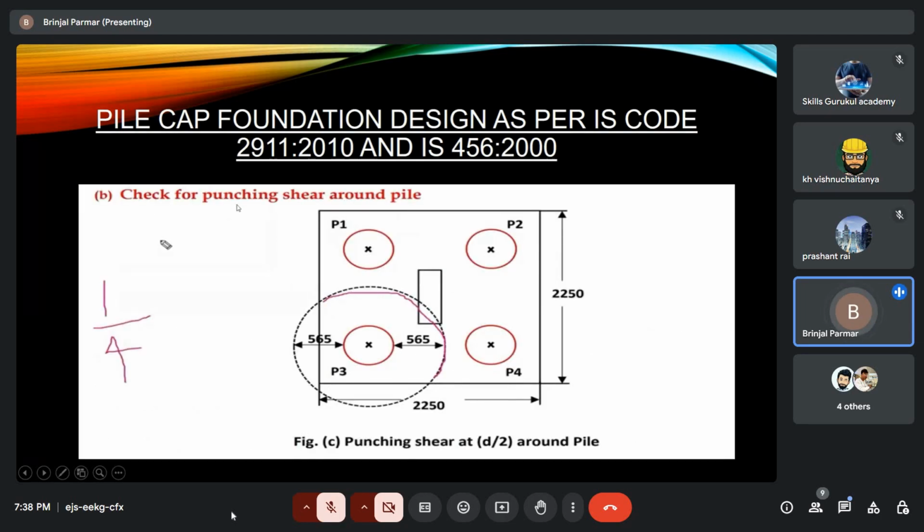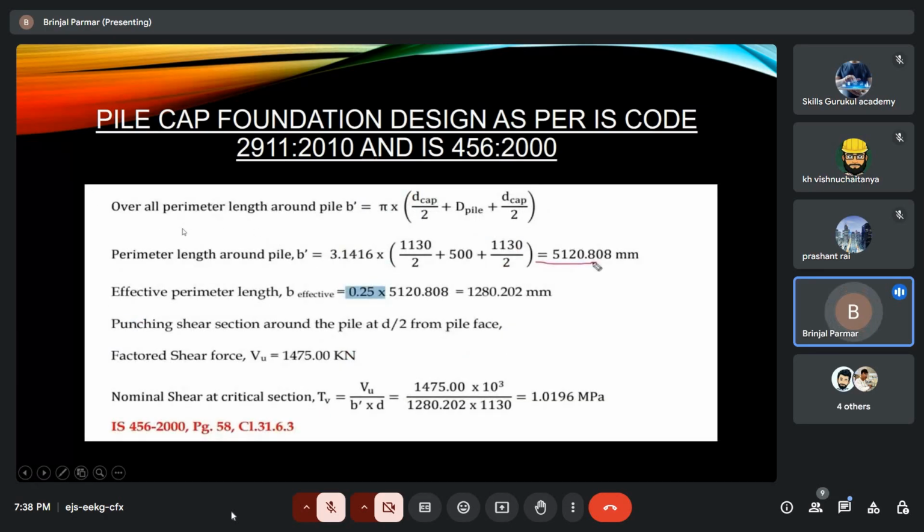Now check punching shear around the pile. Overall perimeter length of the pile P is pi into d cap divided by 2 plus diameter of the pile plus d cap divided by 2.